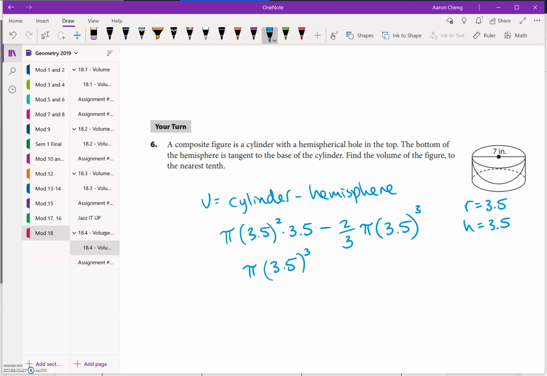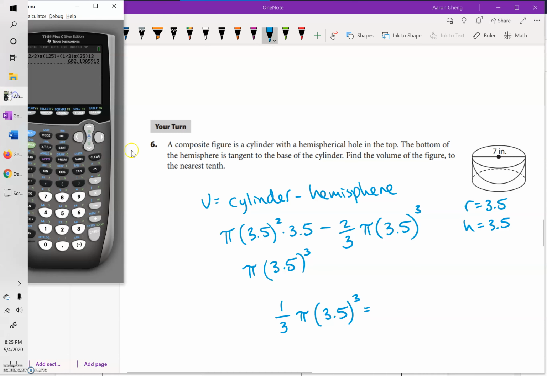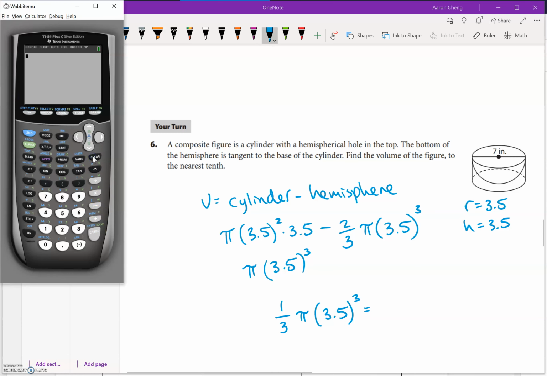So if we have pi 3.5 cubed minus 2/3 pi 3.5 cubed, we are just left with 1/3 pi 3.5 cubed. So we can just write that as one step instead of having two pieces. Try to find those shortcuts whenever you can. It'll save you some time.